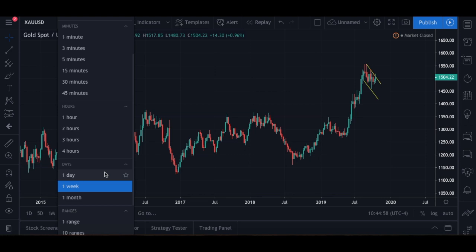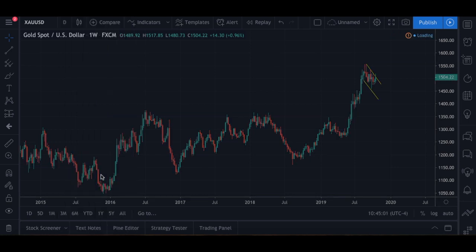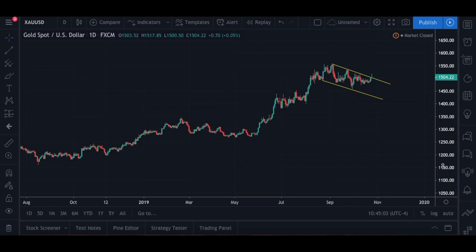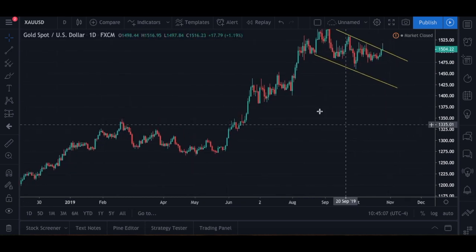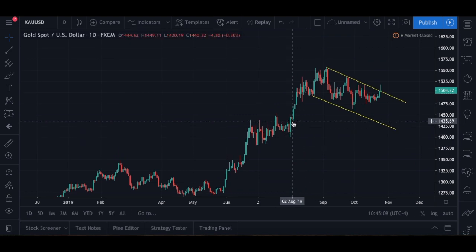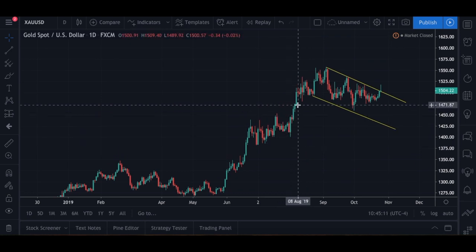So everyone's different. Let's go down to the daily time frame here. I'm just using this to scroll up. Every candlestick here represents one day.